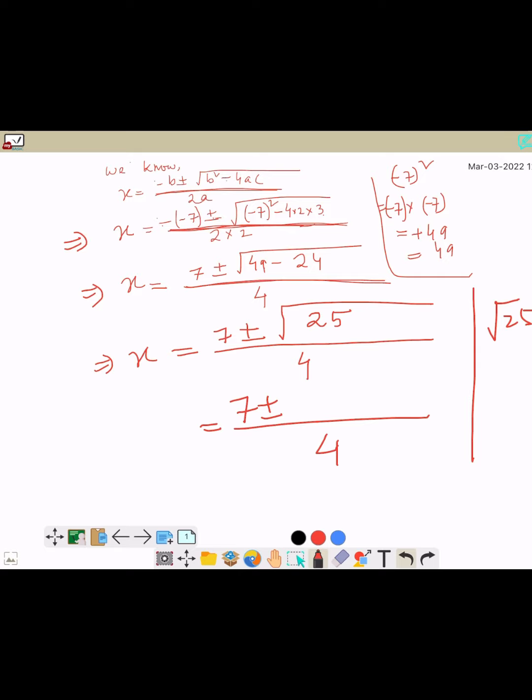This is a mathematical expression; in a sentence, it is the square root of 25, and the square root of 25 is 5.